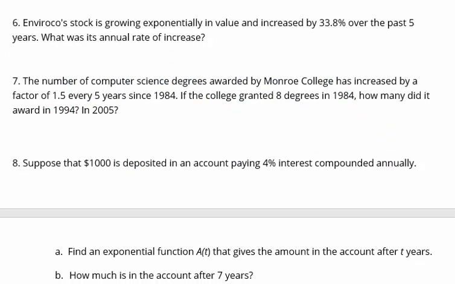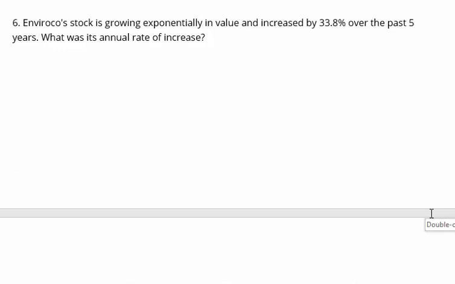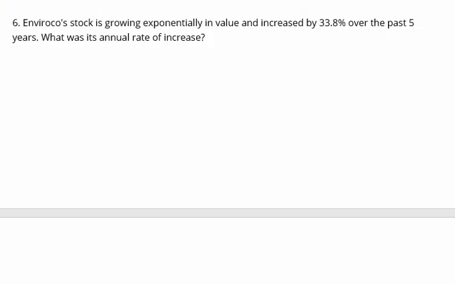Okay, number 6 is a similar idea. Okay, so Veroco's stock is growing exponentially in value and increased by 33.8% over the past 5 years. What was its annual rate of increase? Okay, so we're going to say that it increased by 33.8%.